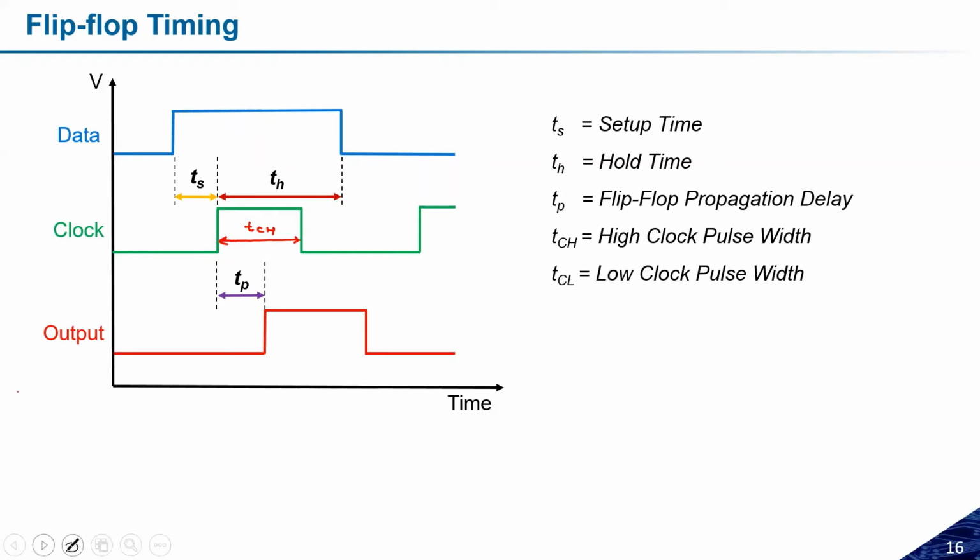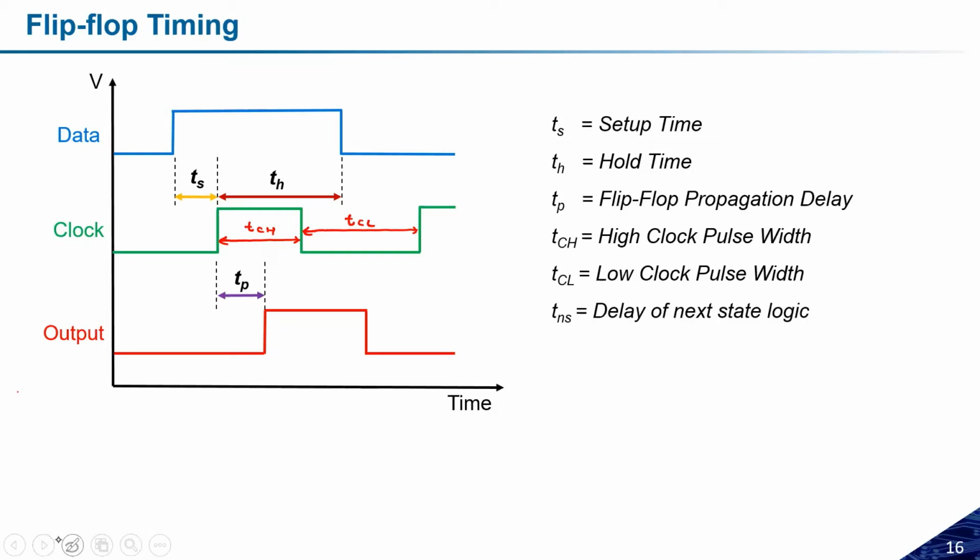Similarly, we have another parameter, the TCL, the low clock pulse width. The clock was low for that period of time, and we call it the TCL. So TCL is the time for which the clock was at logic low.